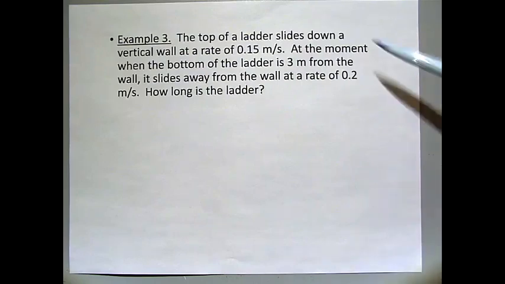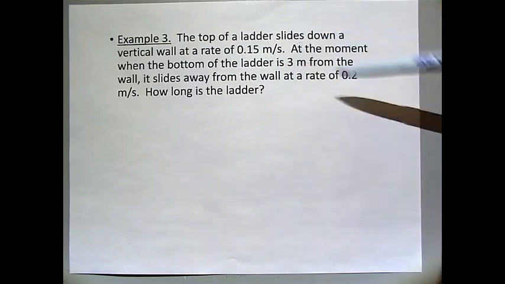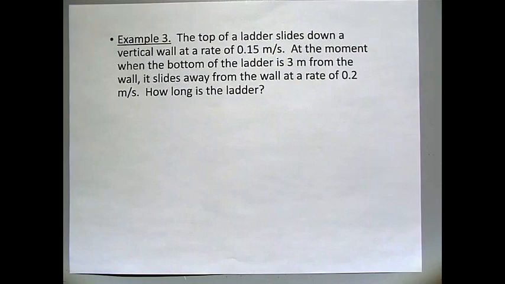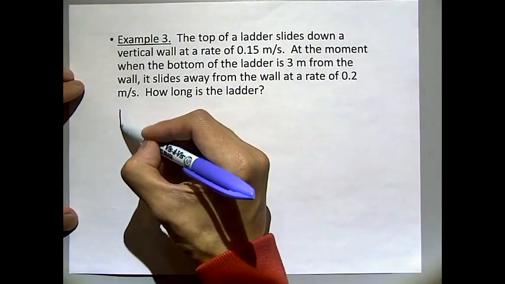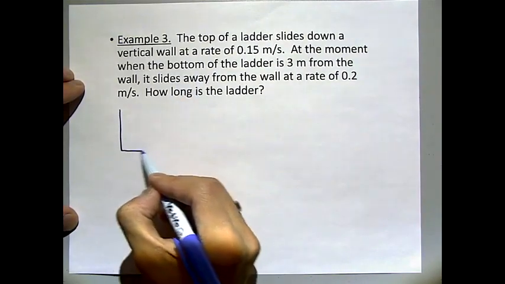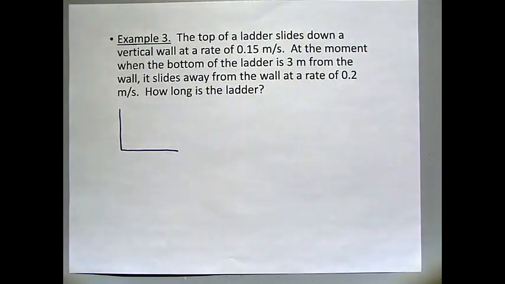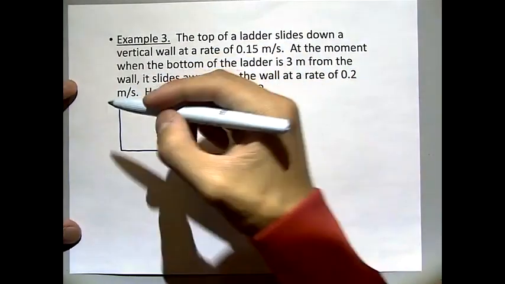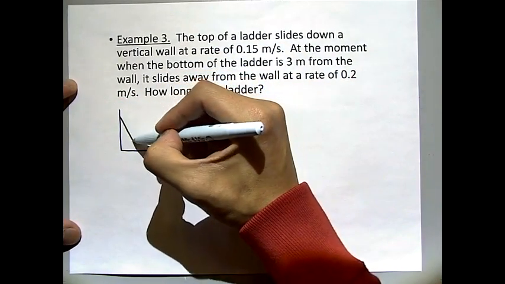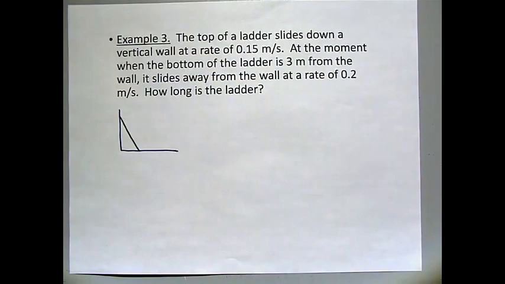Based on the information given here, we want to find how long this ladder is to begin with. Again, we're assuming the ladder cannot change length. It's a fixed ladder with these kind of situations going on. Picture. Here's my wall, here's my ground. Green line is representing my ladder.